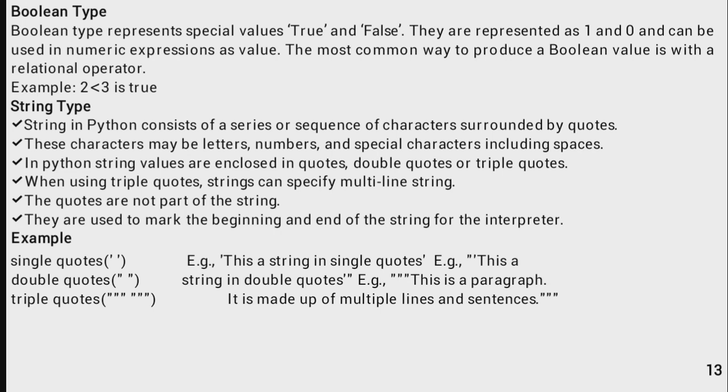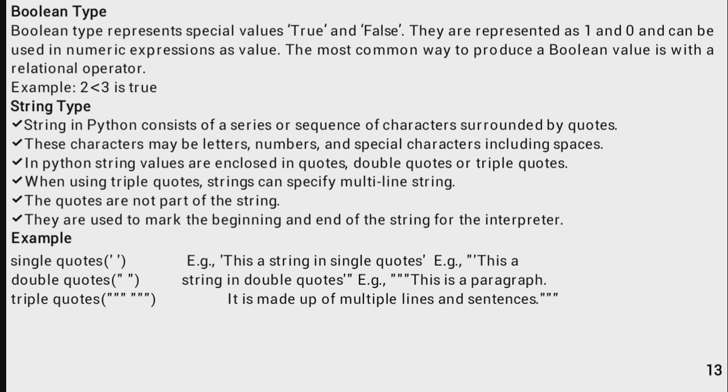Next, Boolean data type. Boolean data types represent the special values of true and false. Here true is represented as 1 and false is represented as 0. The most common way to produce a Boolean value is with a relational operator.